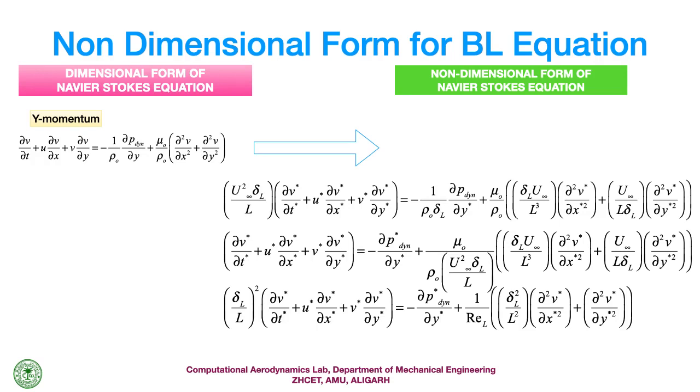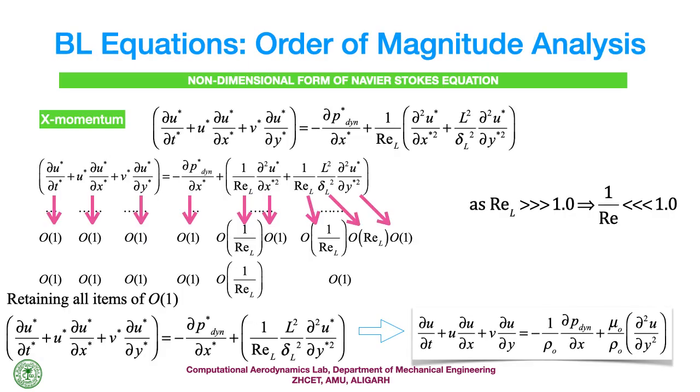Now comes the very important part, which is the order of magnitude analysis. Since u star and t star are of the order of 1, the gradients will also be of the order of 1, which I have shown you over here. Now, all this we will apply when REL is much greater than 1, so 1 over REL must be much less than 1.